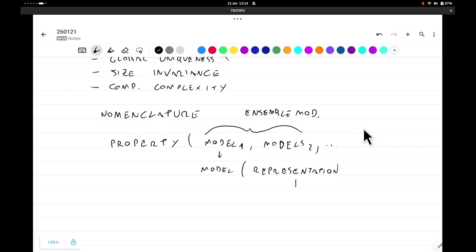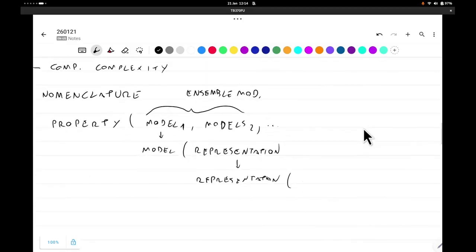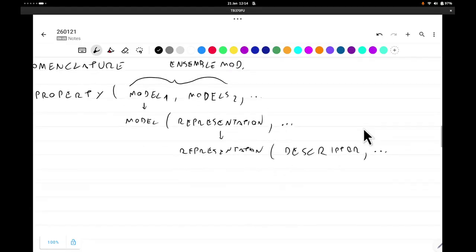Then this representation is a function of the descriptor. So the descriptor is the overall input. Here I could put dots because in principle you could use multiple representations as well as multiple descriptors, but let's just fix this.